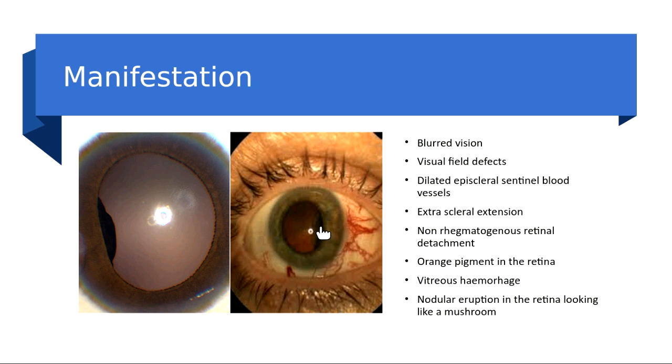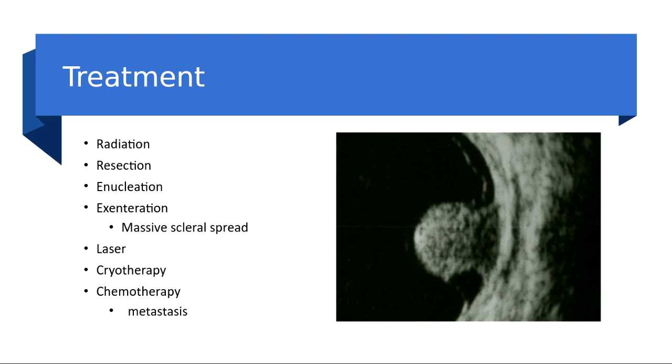Because, as I said, it can present from the choroid level, you can get retinal detachment, you can see orange pigment in the retina, vitreous hemorrhage, and what is a pathognomonic feature is that when you do an ultrasound, you get this mushroom effect.